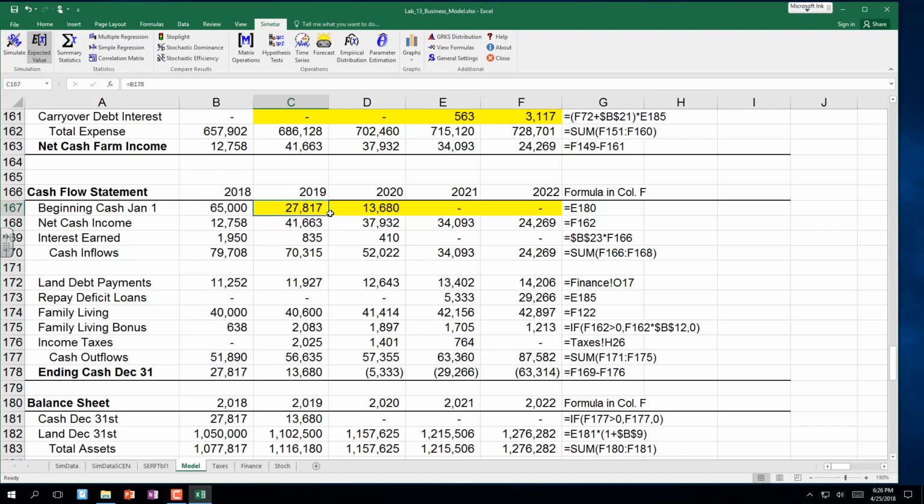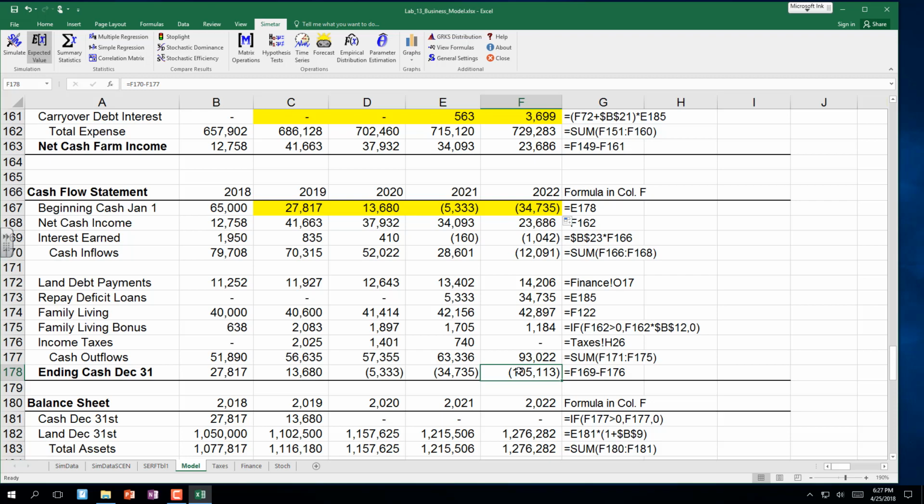But look at what happens here. There's really a compounding of errors, because you have minus $34,000 beginning cash, and then you have to pay back $34,000 at the same time. And so this ending cash down here is more than 3 times bigger than it should be.